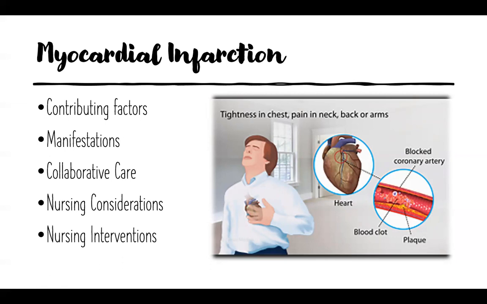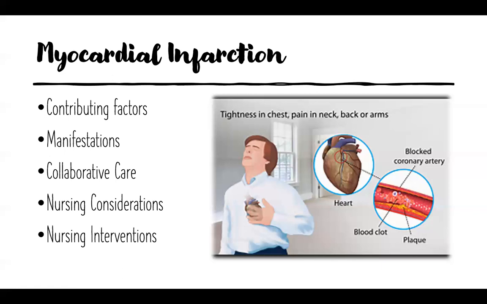What are the manifestations? Severe chest pain, unrelieved with nitroglycerin or rest, crushing quality, it radiates to the jawline, left arm, neck, and/or back. So they may say, whoa, an elephant is sitting on my chest, right? So this is what we're talking about with the myocardial infarction. Now, women and older adults and patients that have diabetes mellitus can often report no pain, right?